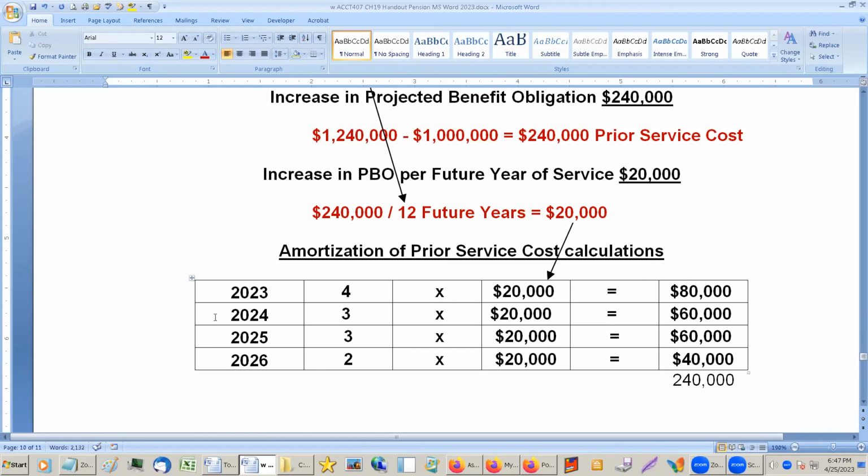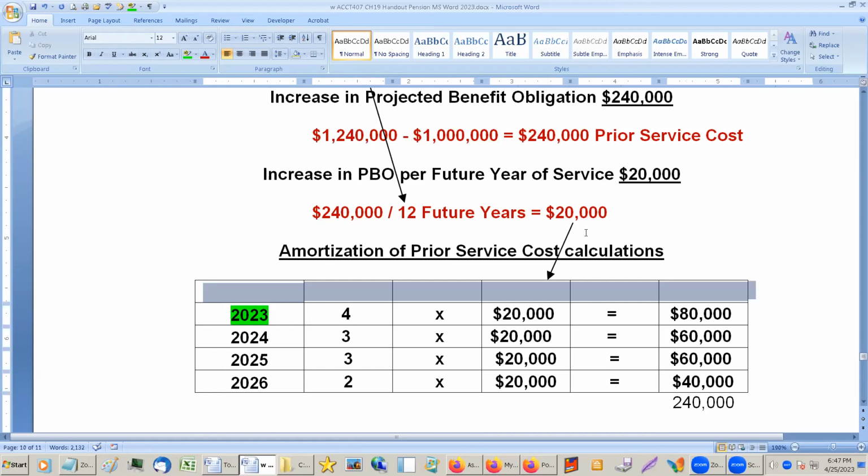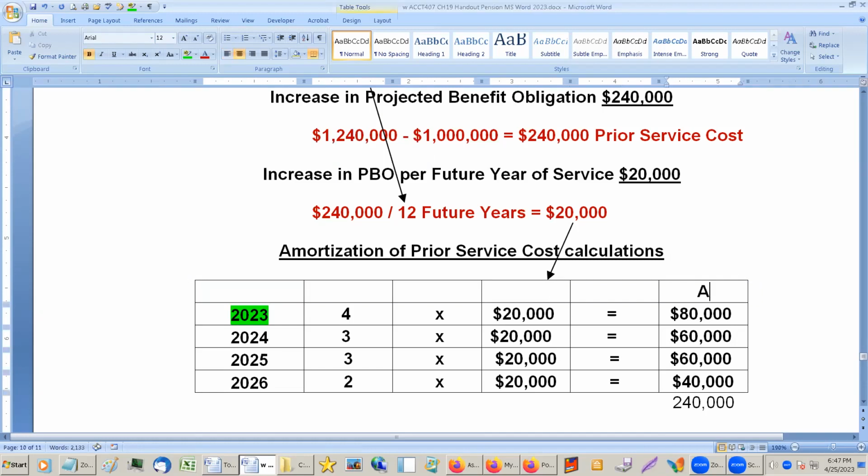Okay, so this is how much we're going to amortize each year. So 2023, we're going to amortize 80,000. 2025, we'll do 60,000.